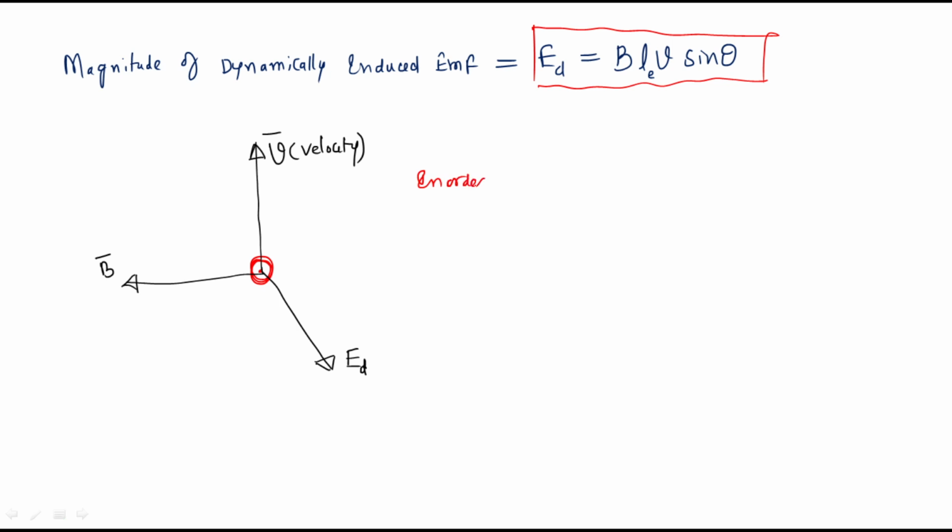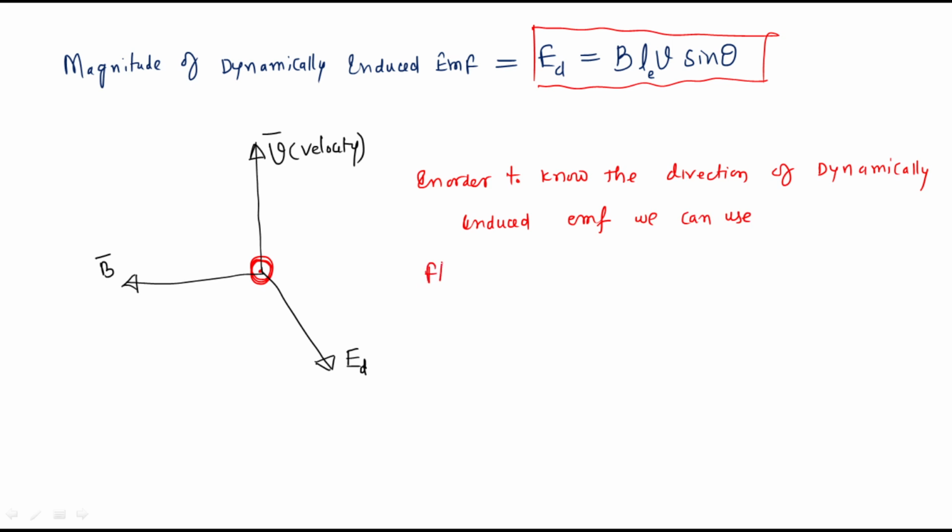In order to know the direction of dynamically induced EMF, we can use Fleming's right hand rule. What does Fleming's right hand rule describe?